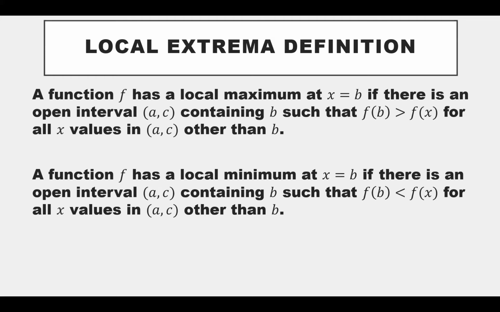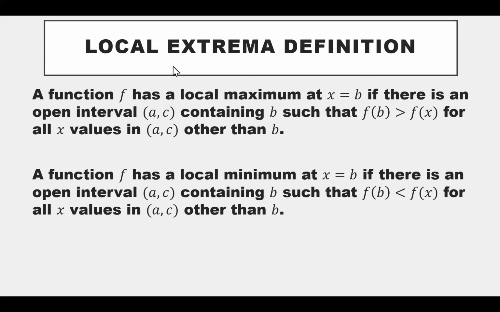A local maximum value is the y value of that point. A local minimum point is a point with the lowest y value in a region around itself. And the local minimum value is that lowest y value.